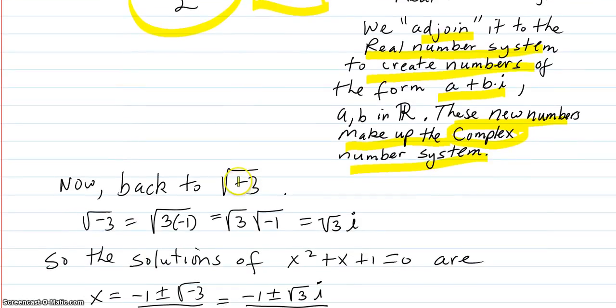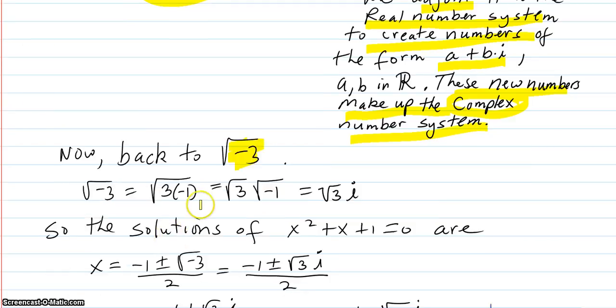So back to the square root of -3. The square root of -3 would be the square root of 3 times -1. You can break apart a square root: the square root of 3 times the square root of -1, which is the square root of 3 times i.